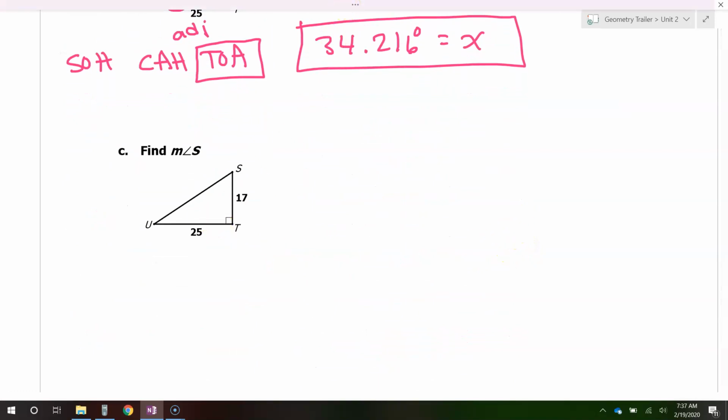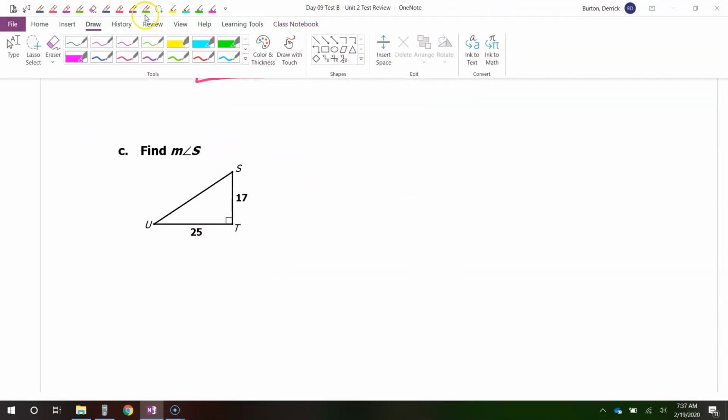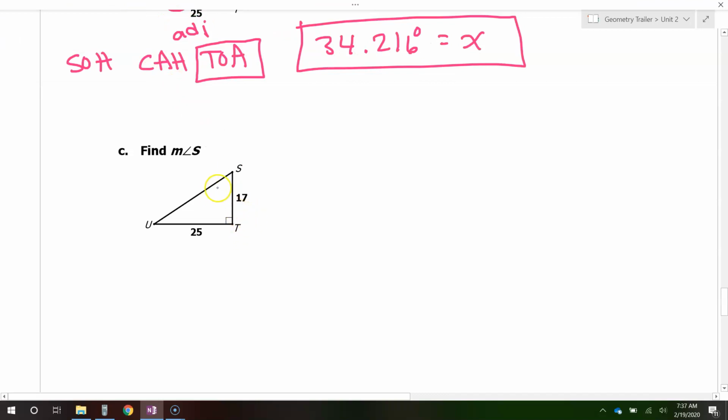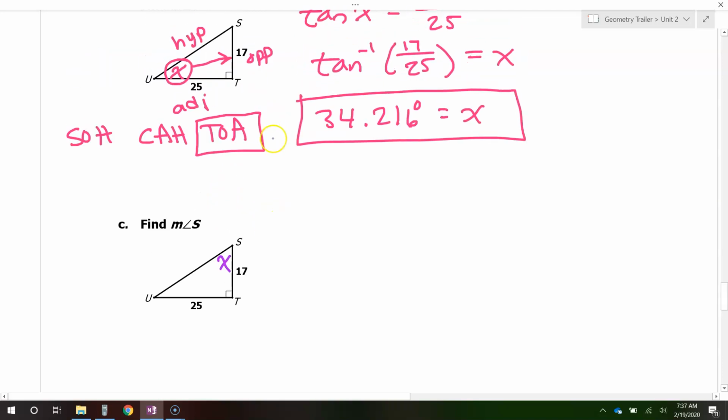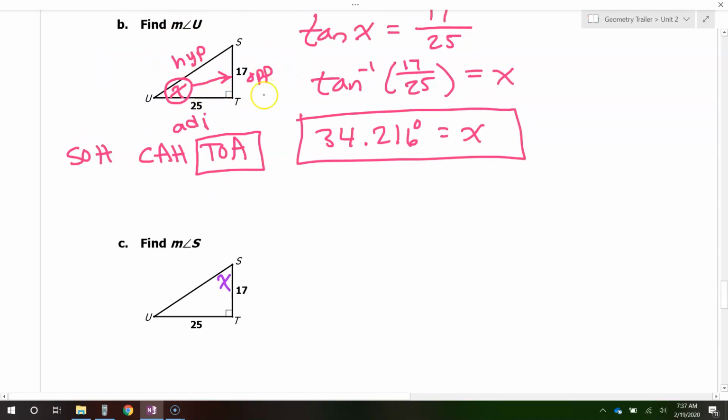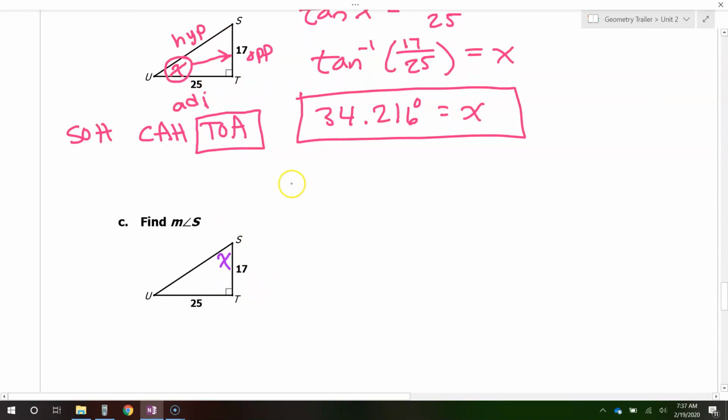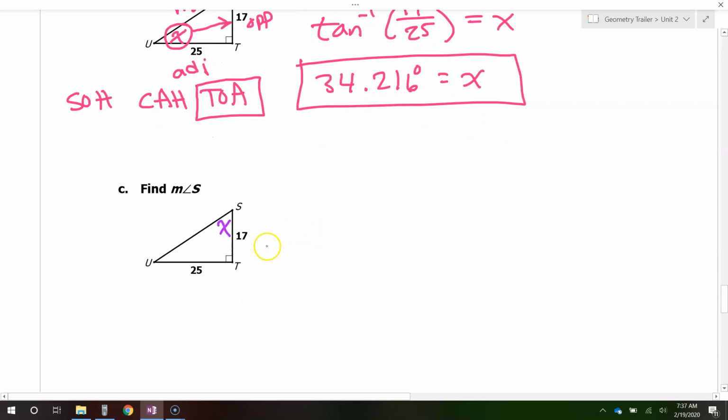Next, we are going to find angle S. So look, here's angle S right here. I could do the same thing and do sine, cosine, or tangent to find x just like I did before. But that would be the long way.